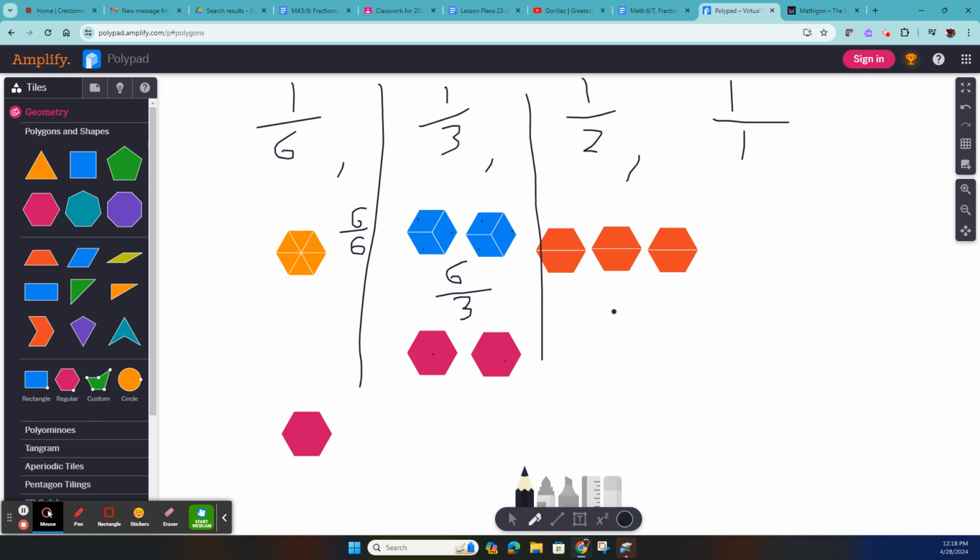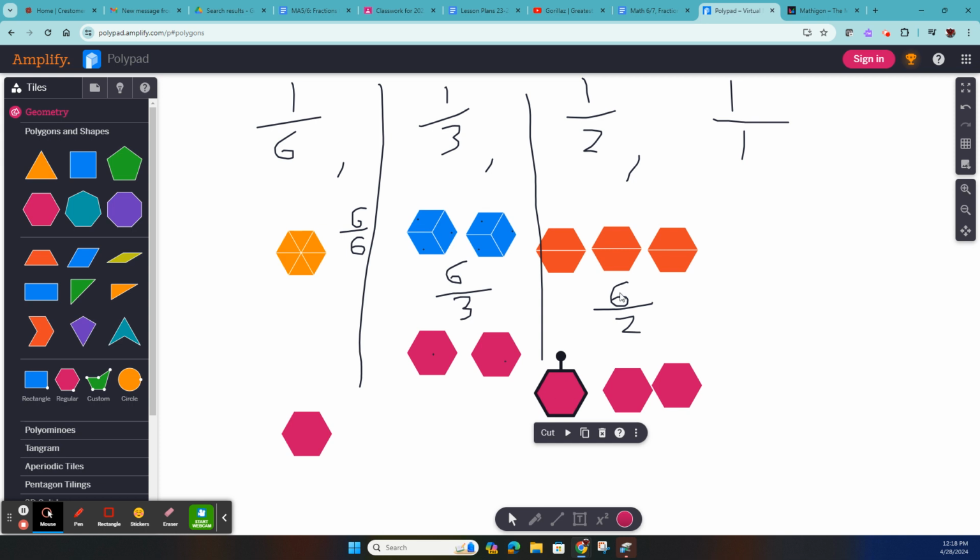Well, I know I'm still talking about halves, so my denominator is still the same. But how many do I have? I have 6. And you're probably already screaming at your computer, don't say it, Lewis. I know what that's equivalent to. Well, I'm going to show you anyway. Check it out. 6 halves is equivalent to 3 wholes. Kind of cool. And again, division, 6 divided by 2 is 3.